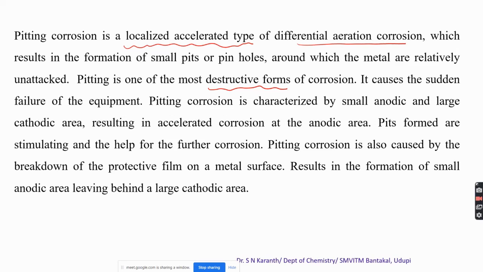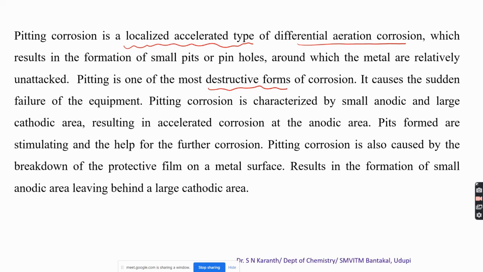The pitting corrosion is also caused by the breakdown of protective film on a metal surface, which results in the formation of a small anodic area, leaving behind a large cathodic area. So this pitting corrosion is a localized accelerated type of differential aeration corrosion, which results in the formation of small pits, pinholes, around which the metals are relatively unattacked.